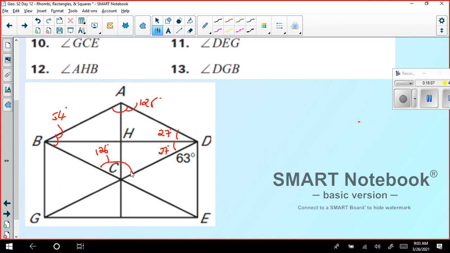Angle BCG plus angle BCD is 180 degrees because they lie in a straight line.